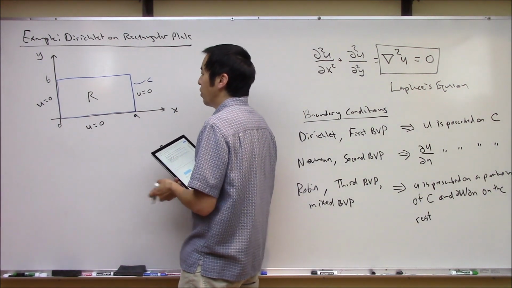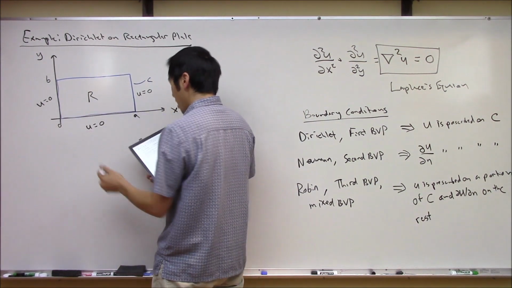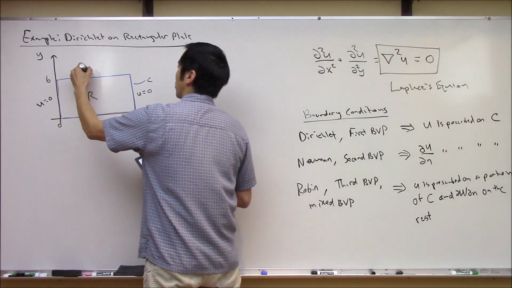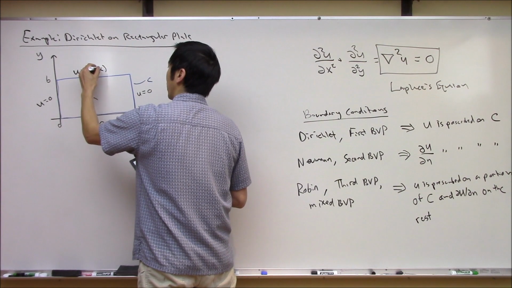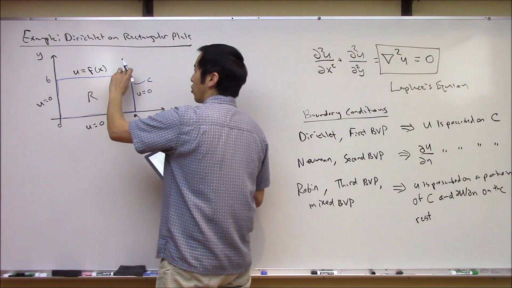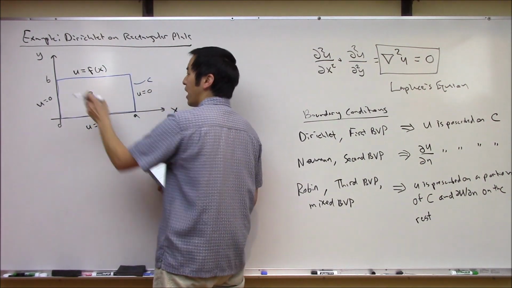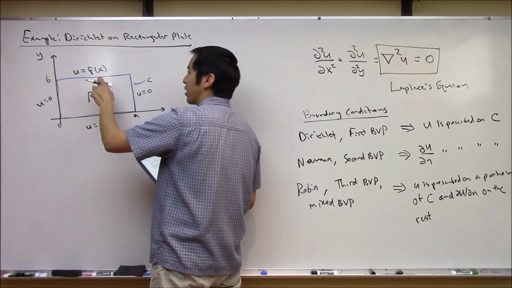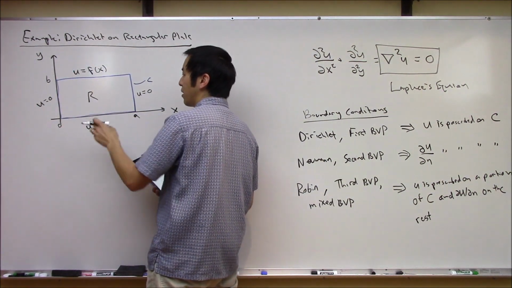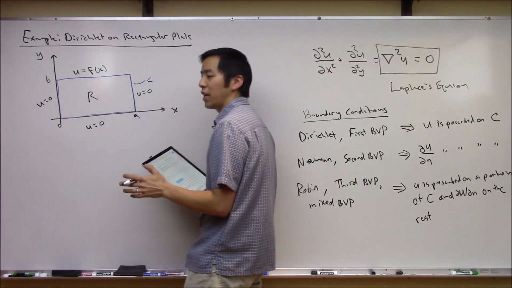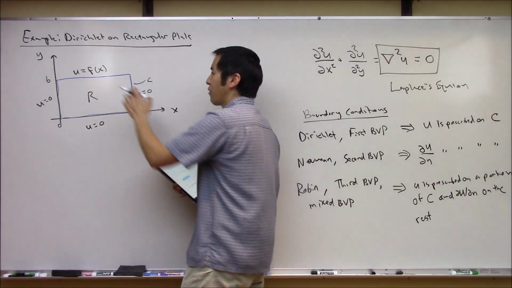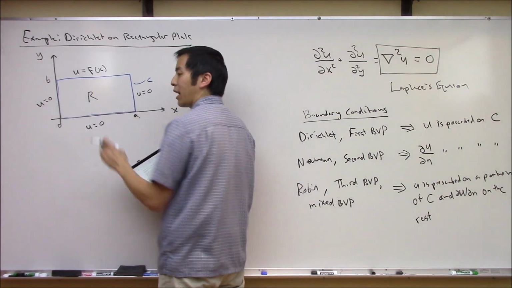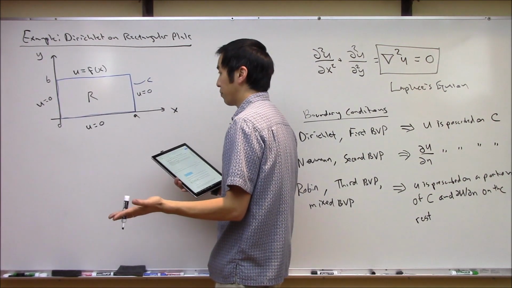But all along the top, let's say there's some distribution of temperature, call it f of x. Maybe you're butted up against a heating element where one side is hot and the other cold, or maybe there's some triangular temperature distribution. Basically, the top edge has some varying temperature as x moves, but the other three sides are constant.